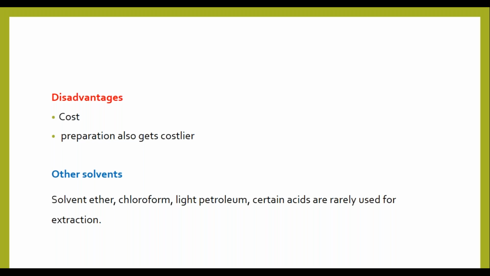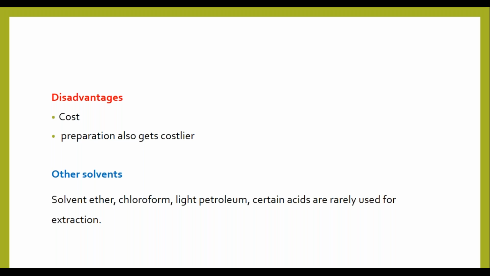So other than water and alcohol, we can use other solvents for the extraction process. What all solvents can we use? Most of the organic solvents: ether, chloroform, light petroleum, and certain acids are rarely used for extraction, even methyl alcohol.